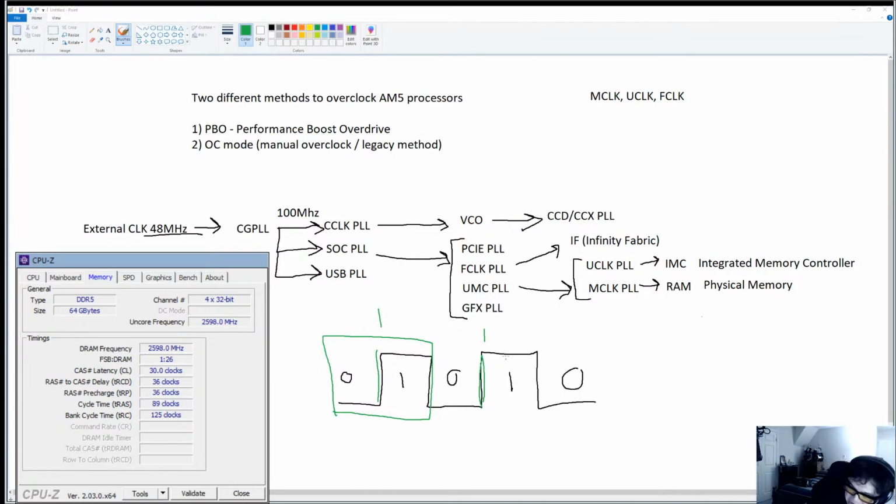The way you can verify in Windows, or in the operating system, with CPU-Z at least, that you're running in 1-to-1 synchronous mode is by looking at the uncore frequency and comparing that to the DRAM frequency. If those two numbers are equal, that means that you're running in synchronous mode. So it's basically what we've illustrated here. Every clock cycle, there will be a command.